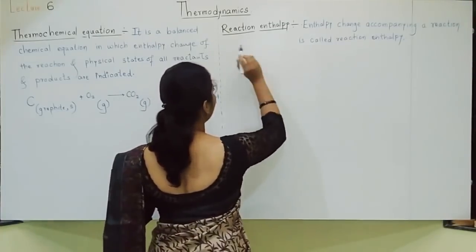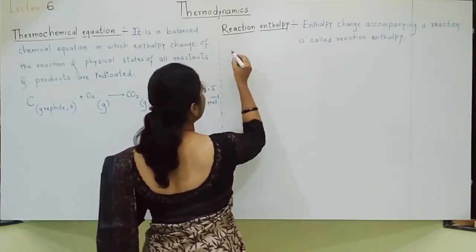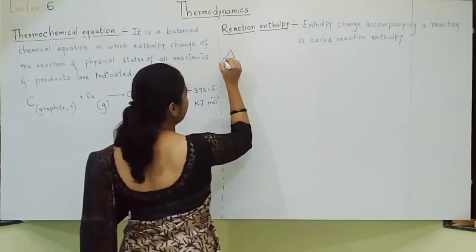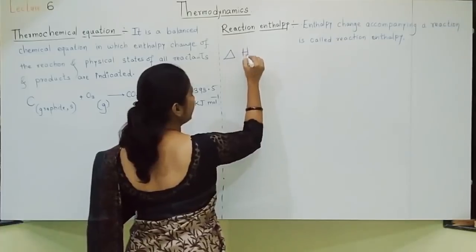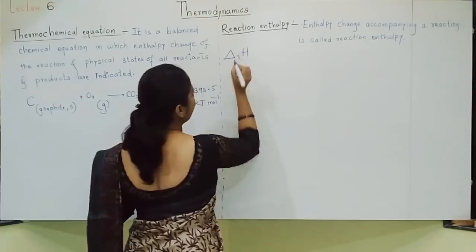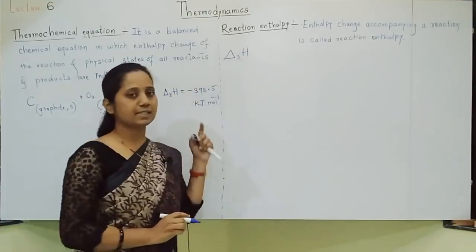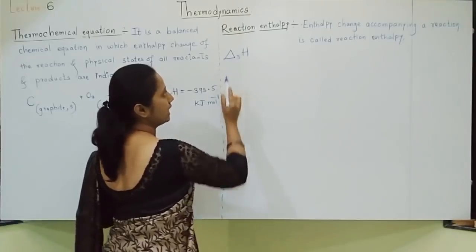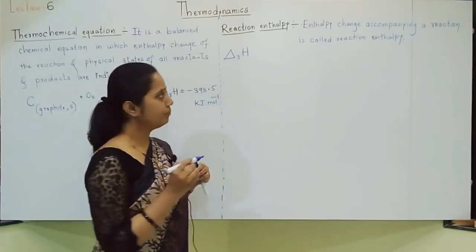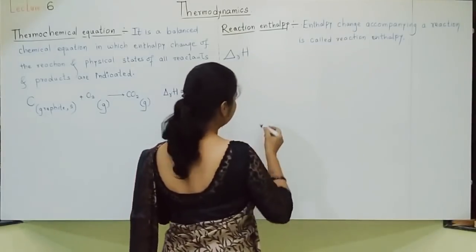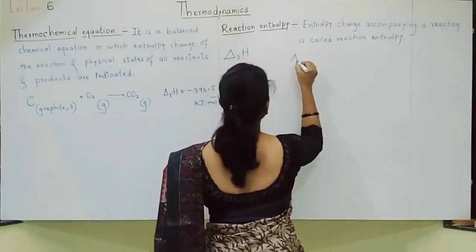Students, see how I am writing the symbol for reaction enthalpy. For change, I must write delta. Enthalpy is indicated by H. And R is for reaction. So this is the symbol for enthalpy change for a reaction, that is reaction enthalpy. How is reaction enthalpy calculated? I will write the reaction enthalpy formula here.